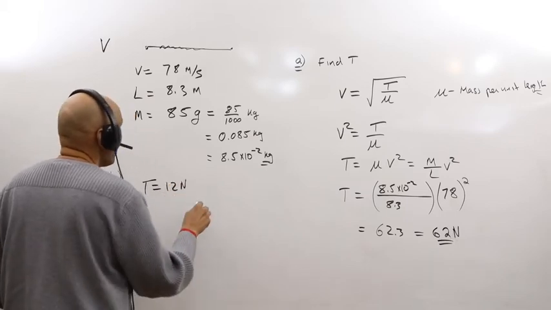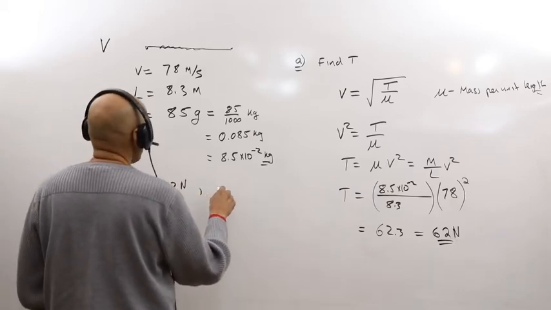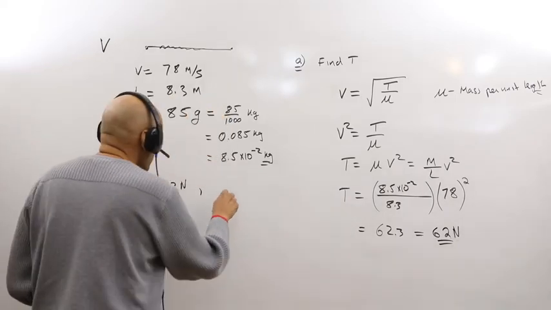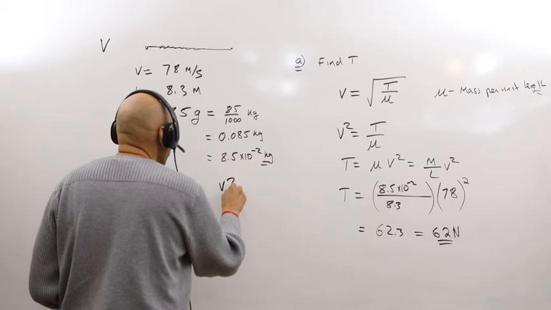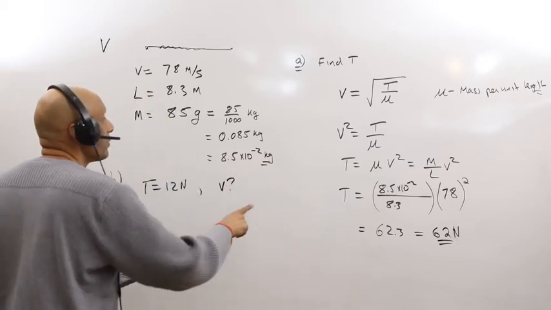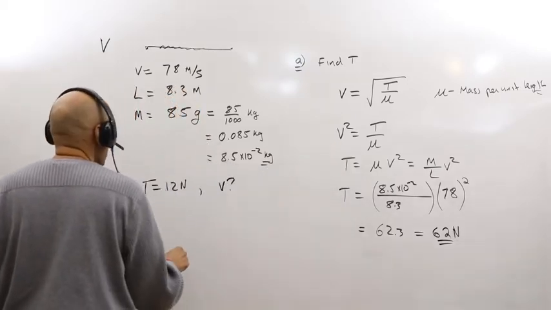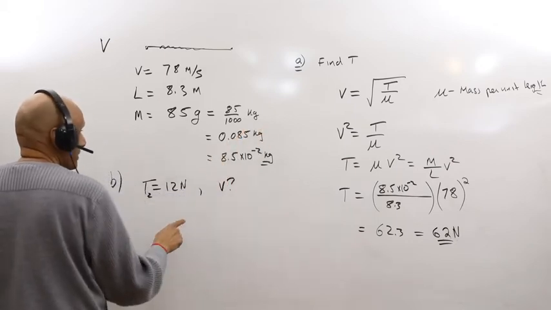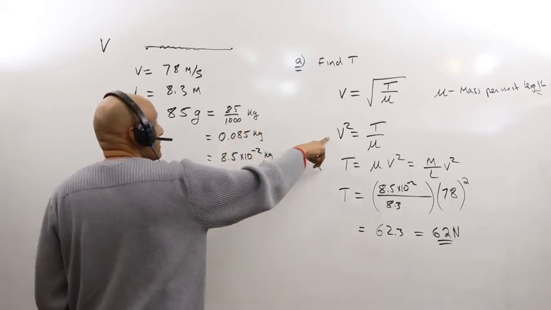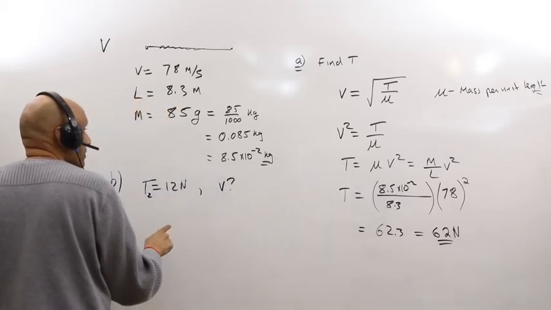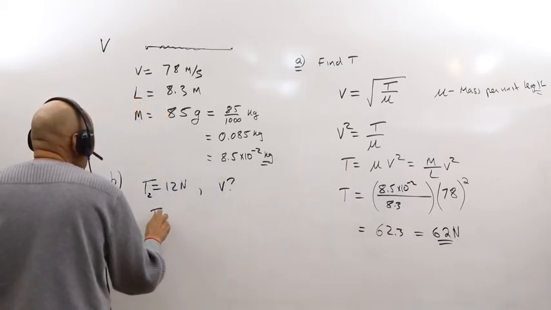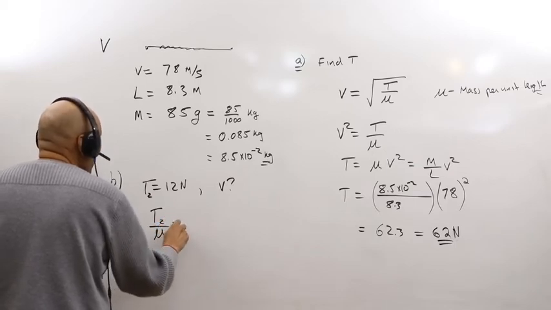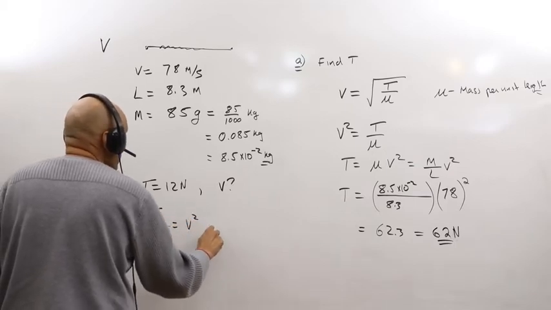And so we have to find the velocity. We have an equation already, so I just have to substitute everything in. Let's call it T2 just to make sure we're not looking at the same thing. So T2 over mu is equal to V squared.